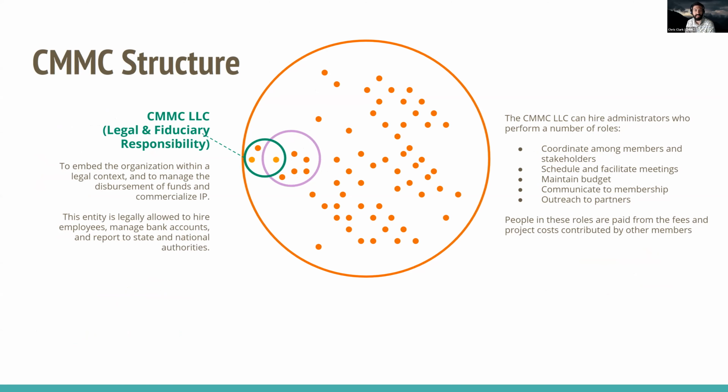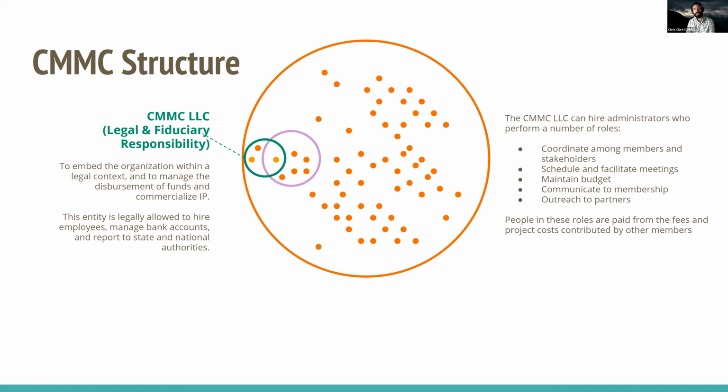At the moment, we have a CMMC LLC, and this is what enables us to form contracts and distribute funds, and it basically nests us inside of a legal structure. So the CMMC can hire administrators that perform a number of roles. They coordinate among members and stakeholders, schedule and facilitate meetings, maintain the budget, communicate to membership, perform outreach to partners.